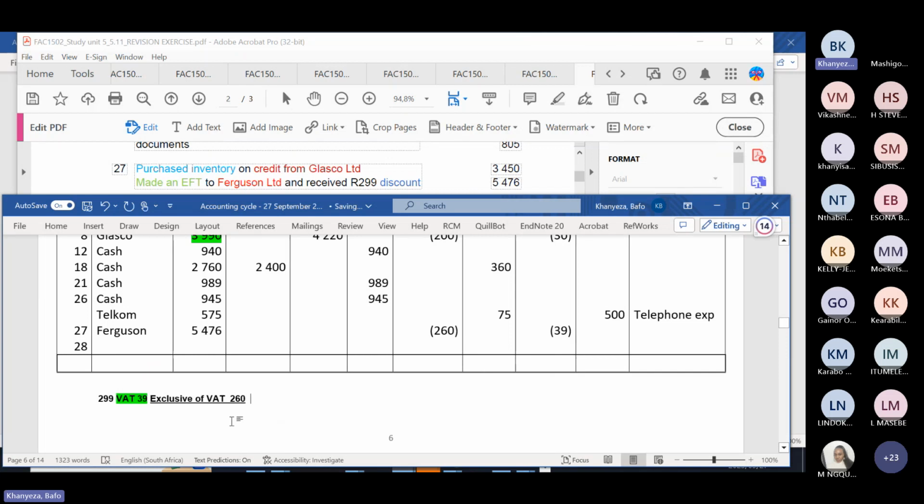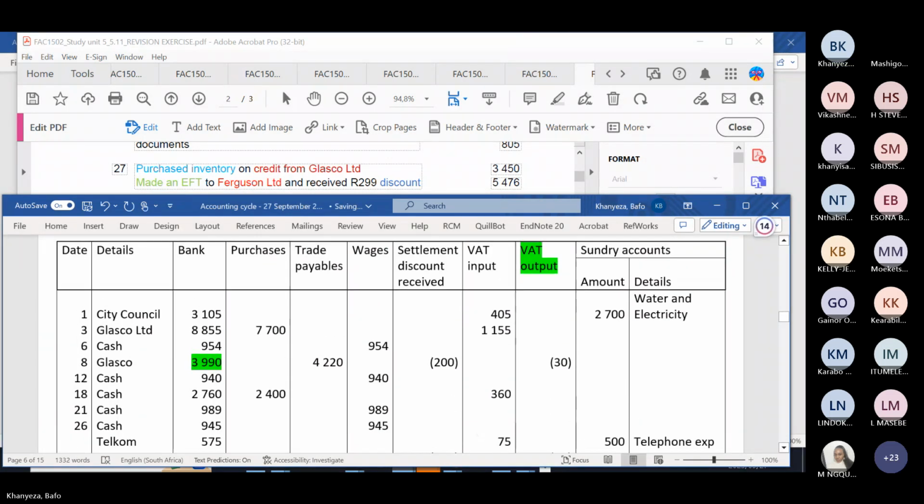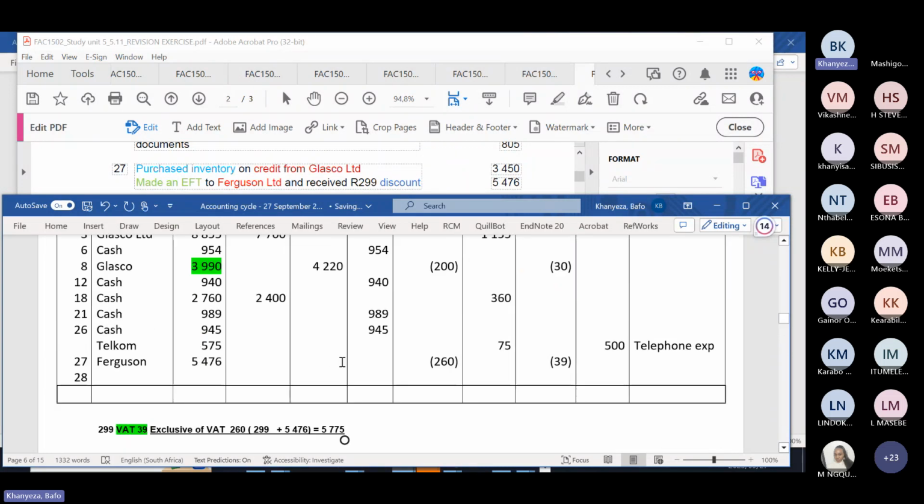Then we have to add this discount 299 plus 5476, which is equal to 5775. So that's why I'm adding these amounts separately. So the trade payables of Ferguson, we're going to reduce them by 5775.